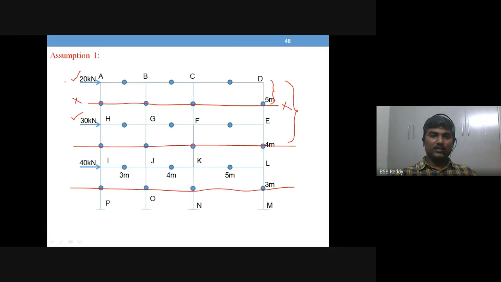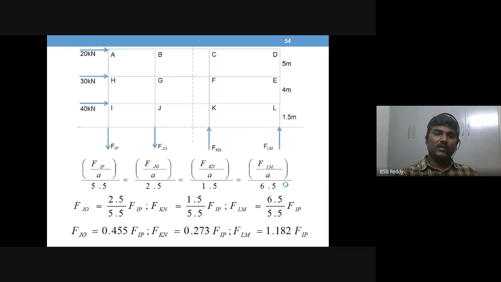Then consider the whole part above that line. So now you have this is 1.5, half of 3. So that is now taken for workout.